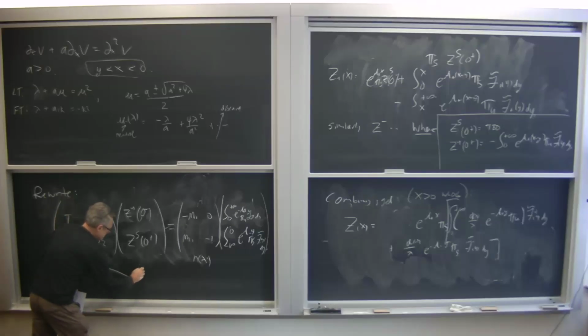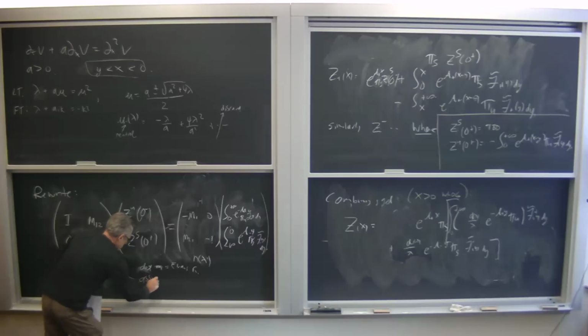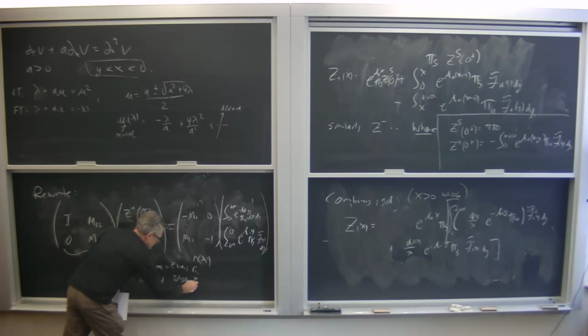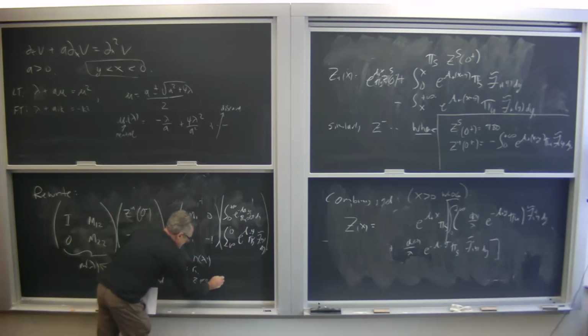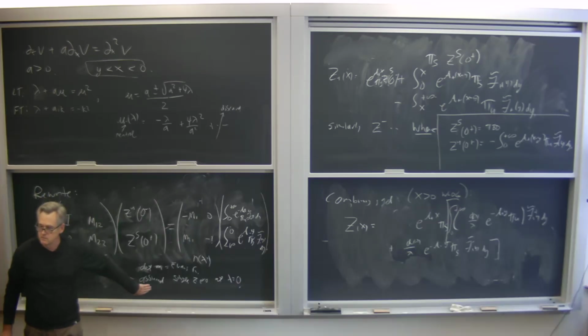M is invertible. The determinant of M is the Evans function. And I assumed a single 0 at lambda equals 0. That was my spectral assumption. This encodes the point spectrum of the solutions of the eigenvalue problem.